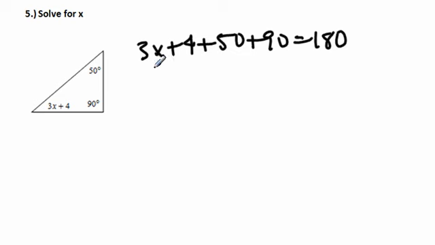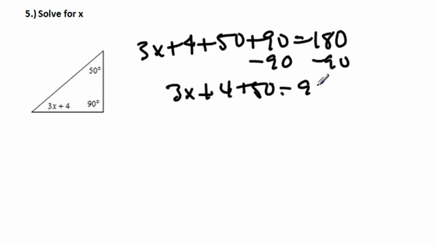But something that we can see real quick, guys, is if I subtract 90 from both sides at the very beginning, 3x plus 4 plus 50 equals 90, we know that these two angles right here have to add up to 90.